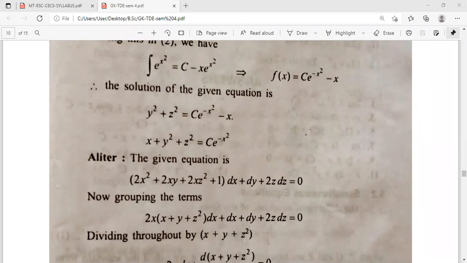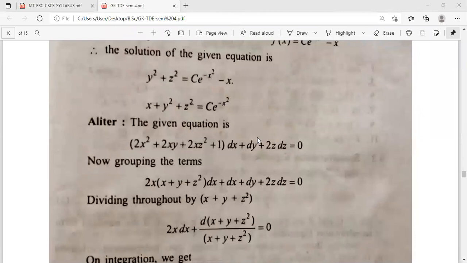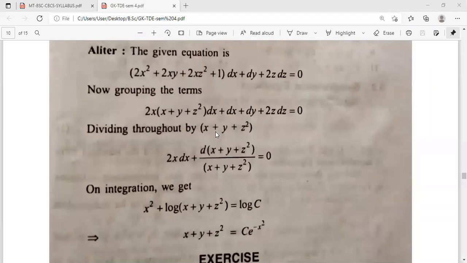Now just you see here, dividing through by x plus y plus z square, this gets cancelled, getting 2x dx plus d of x plus y plus z square by x plus y plus z square. You are adding this because this is the numerator, and if you differentiate you get dx plus dy plus 2z dz.